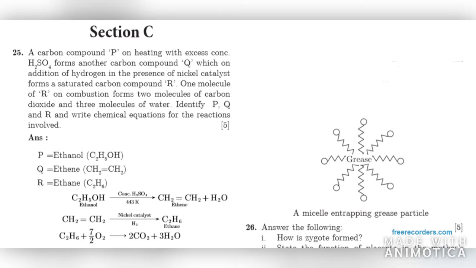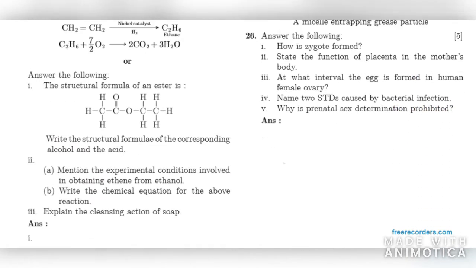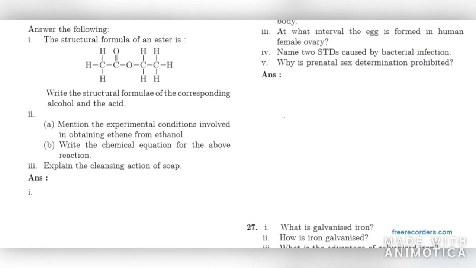Now moving on to the next part of question number 25. It is again from carbon and its compounds. The structural formula of an ester is given here. Write the structural formula of the corresponding alcohol and the acid. So we get ethyl alcohol, which will be like this.